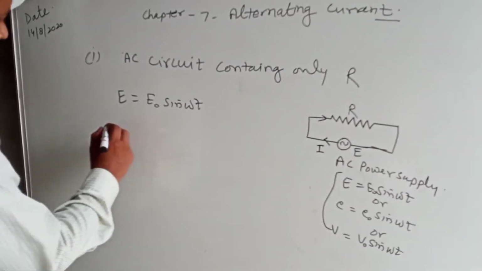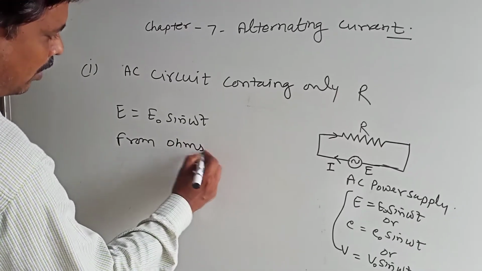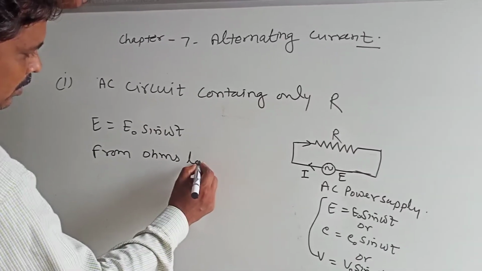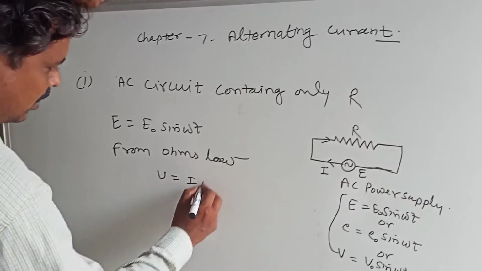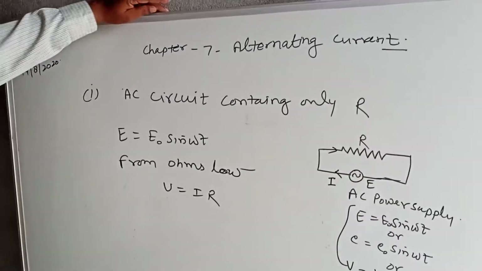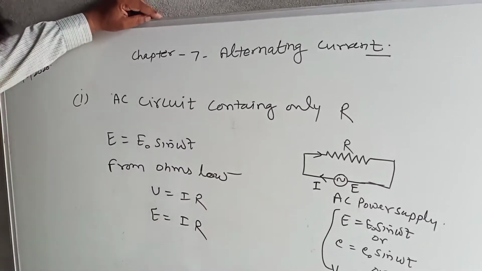Now from Ohm's law, V is equal to IR or E is equal to IR.